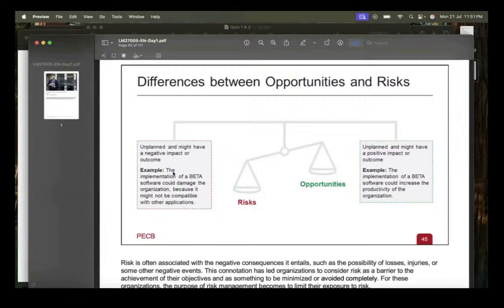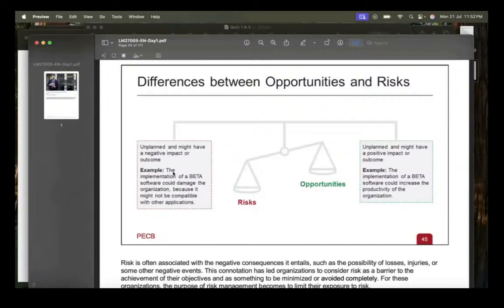So whenever in any organization some type of testing is going on and something new is going to be implemented, there are two things: risk and opportunity. Both are there. Risk can have a negative impact, like here, we are taking the example of a beta version of a software which is going to be implemented.